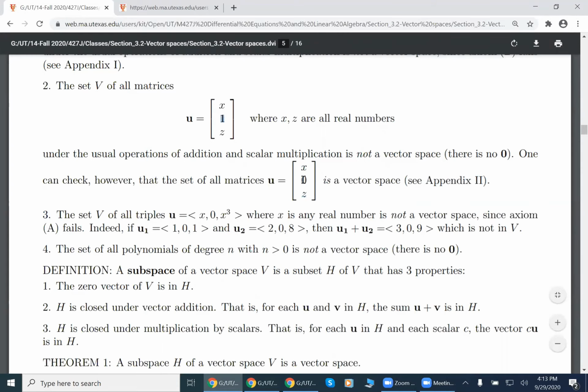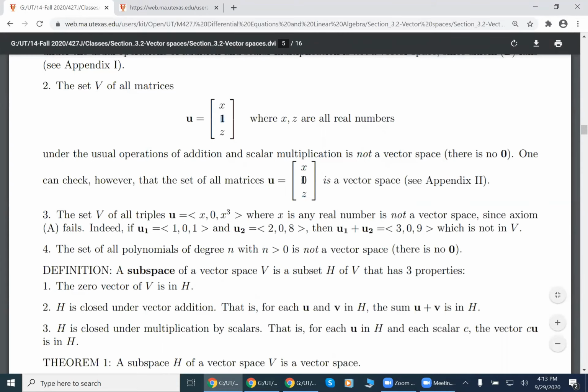So, a subspace is a subset of a vector space V that satisfies these 3 properties. And now, the question: is it true that a subspace is a vector space by itself? The answer is yes. This is exactly what Theorem 1 says. A subspace is a vector space.